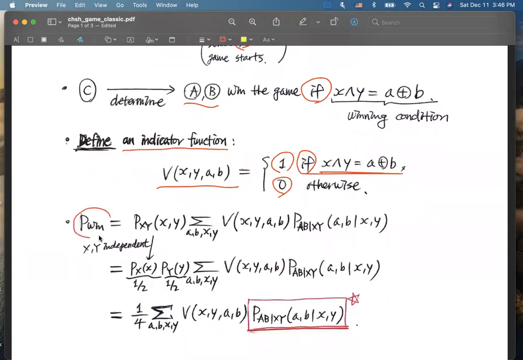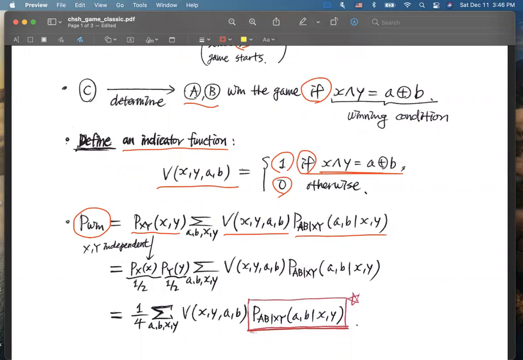So let's talk about the winning probability, which is equal to the joint probability of x and y, times the sum over all a and b of this indicator function times the conditional probability of a and b given x and y.